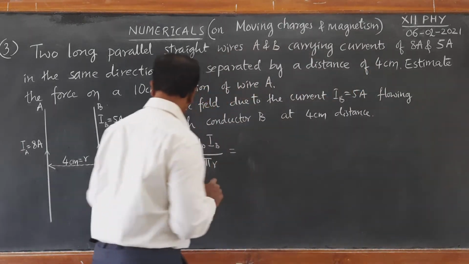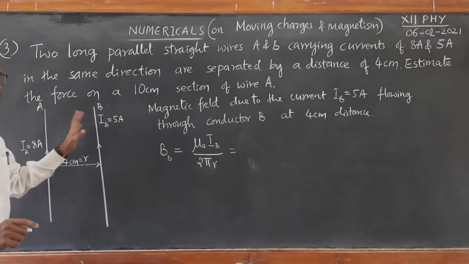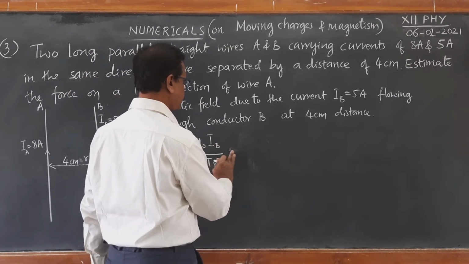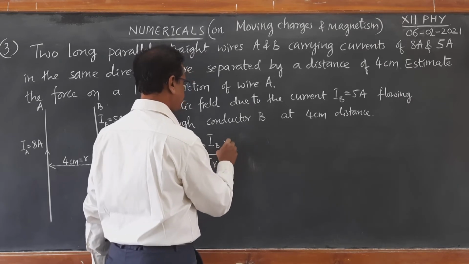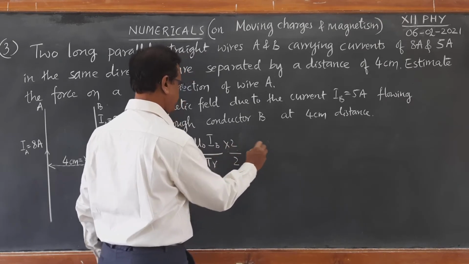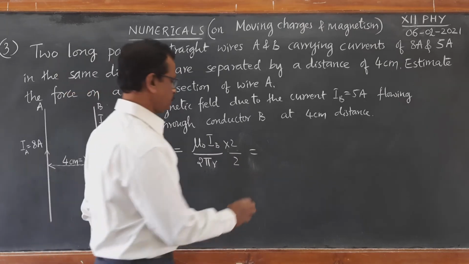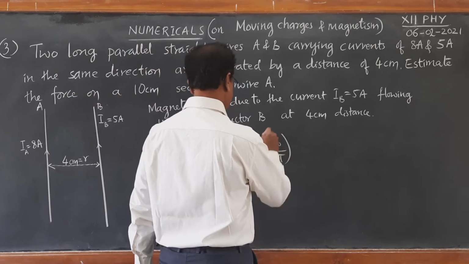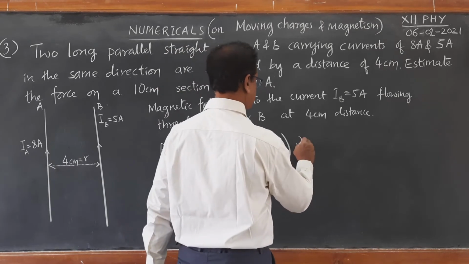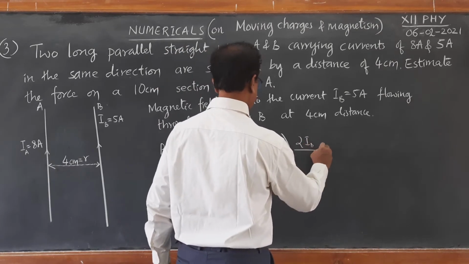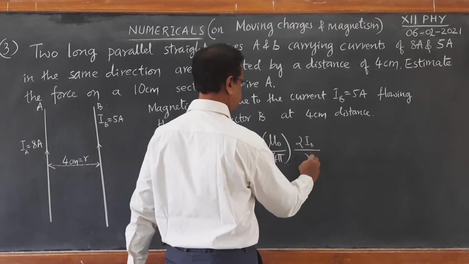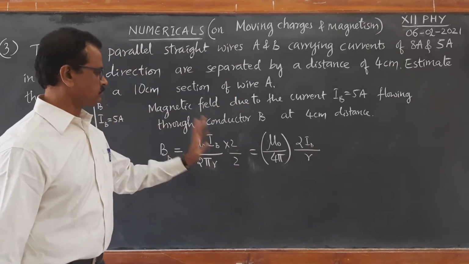B to represent the conductor B. Then multiplying and dividing by 2, we get mu naught upon 4 pi into 2 IB divided by R. Yes.